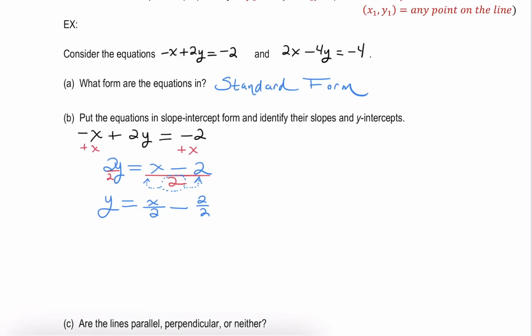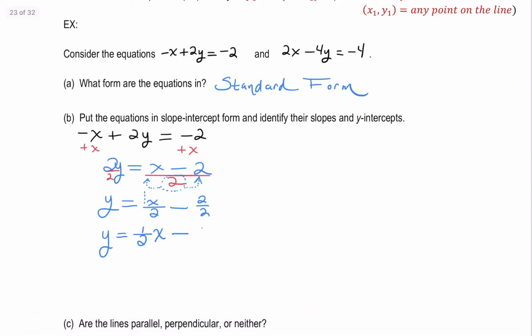So we want to recognize that this x is really like a 1x. So we can write that first term, which you'll start to do without even having to think about it too much, as 1/2 times x. The reason that works is, x is the same thing as x over 1, and then, multiply numerators and multiply denominators, and that's equal to x over 2. So we get to just slide that x out in front there.